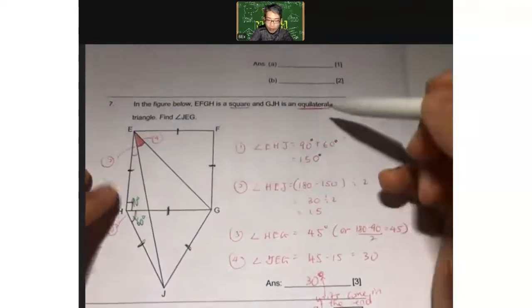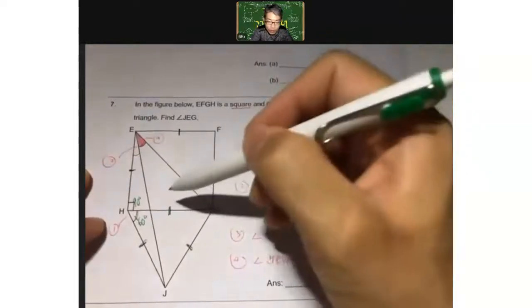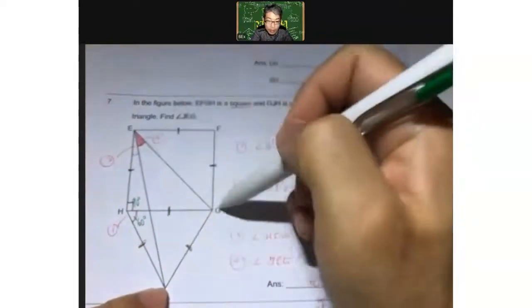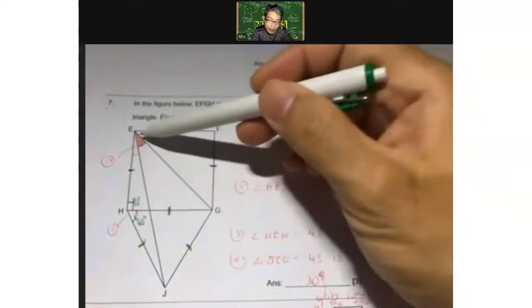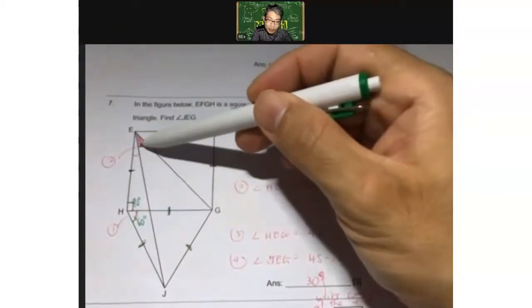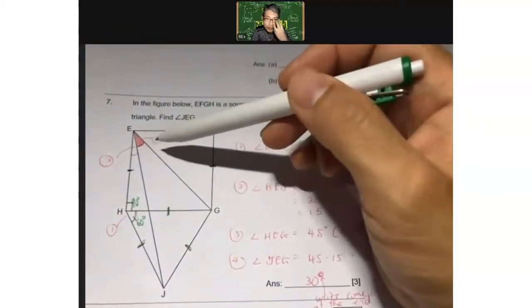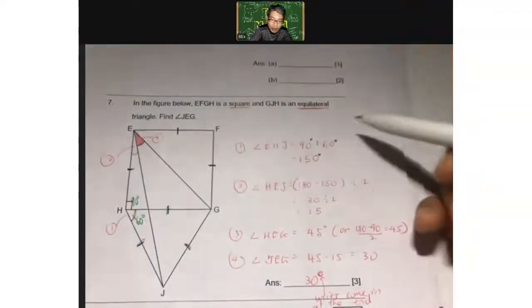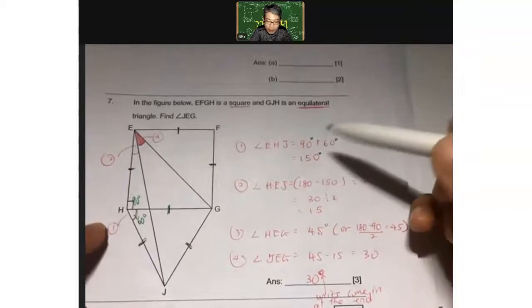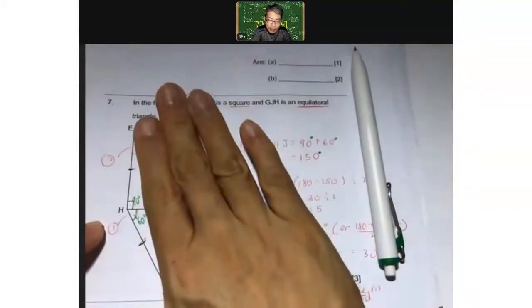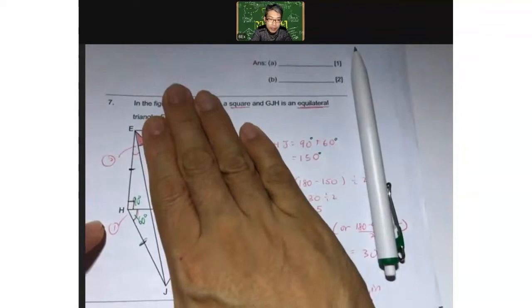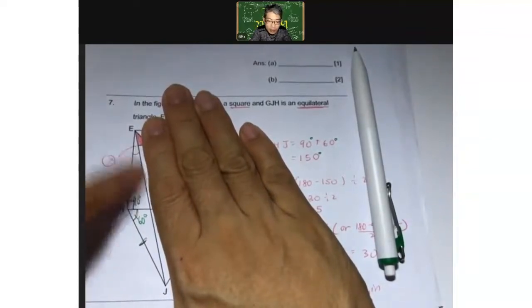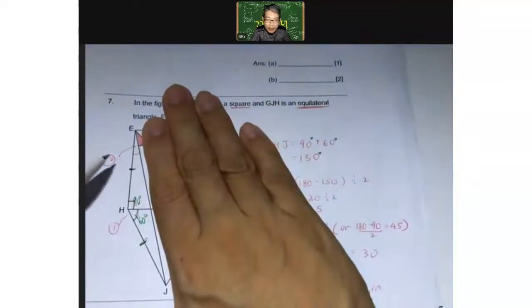So we're supposed to find out what is JEG. Now I have a habit of coloring the angle I'm supposed to find. This helps me to focus on that particular angle. Otherwise, there could be many angles and it can be very confusing. So first, I see an isosceles triangle here. If I can find this angle in this isosceles triangle, it's very easy to find this angle here, HEJ.